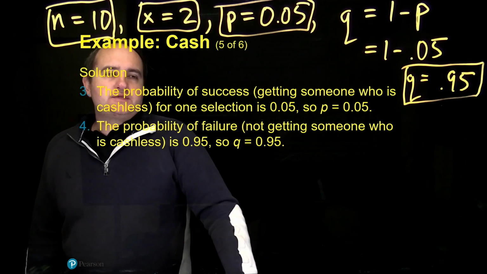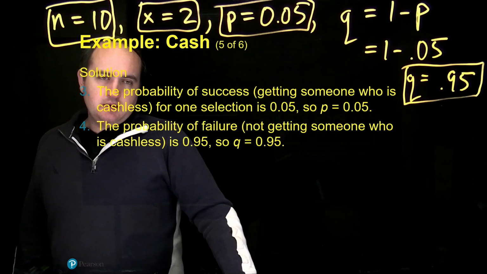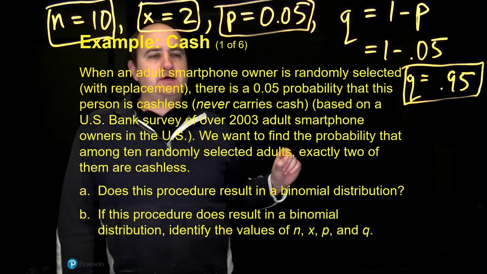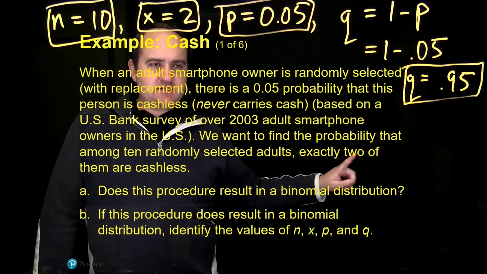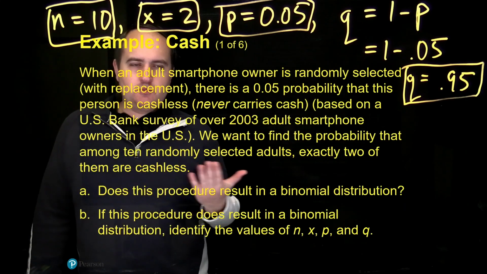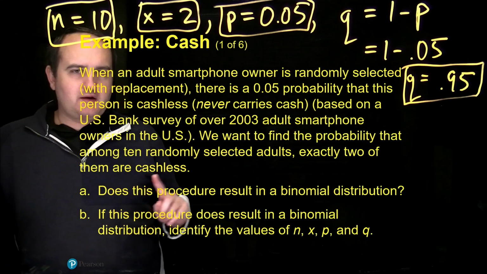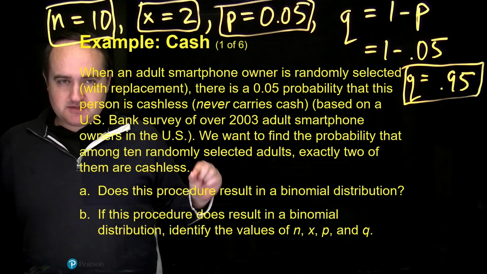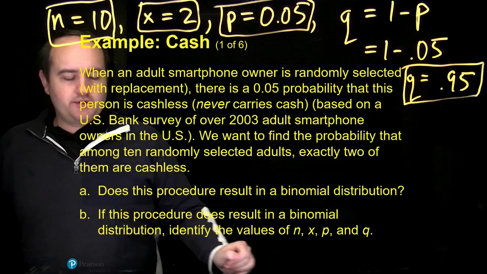The only thing you notice here is that you do have to be consistent. When you're reading the problem, just choose a success to be what they're asking you to find a certain number of. So here, if they asked us to find exactly 2 of them are cashless, obviously we want to make cashless being a success and not being cashless be a failure, because that's the wording of the problem.